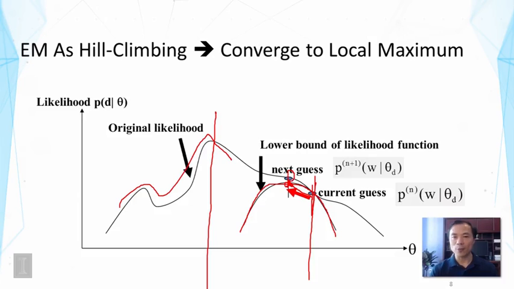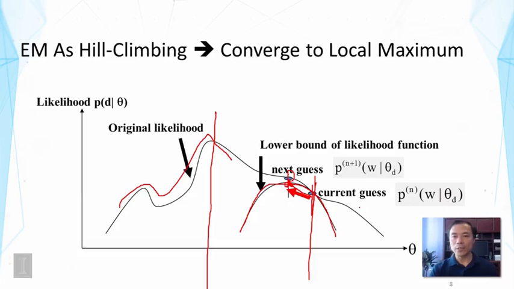Because it's a lower bound, we are guaranteed to improve this guess, right? Because we improve our lower bound, and then the original likelihood curve, which is above this lower bound, will definitely be improved as well, right? So we already know it's improving the lower bound, so we definitely improve this original likelihood function, which is above this lower bound.